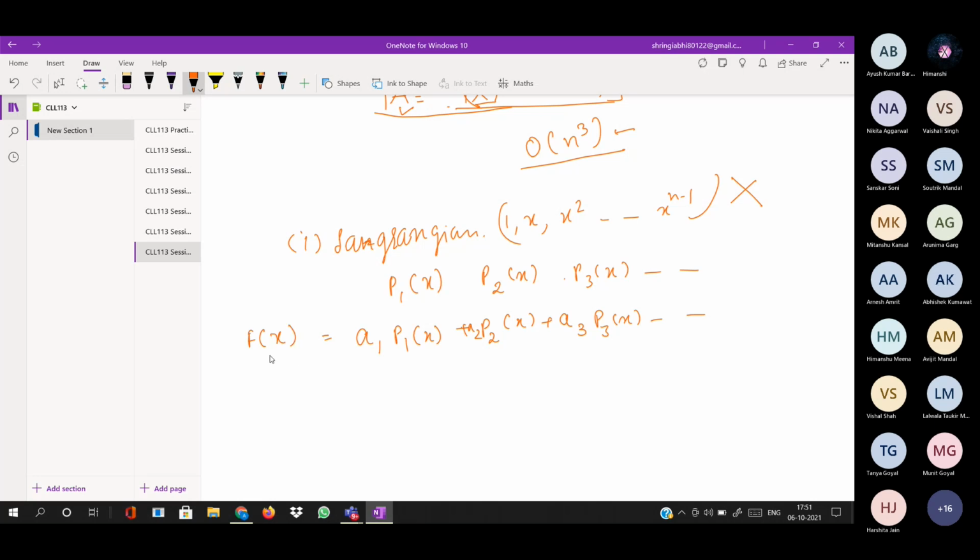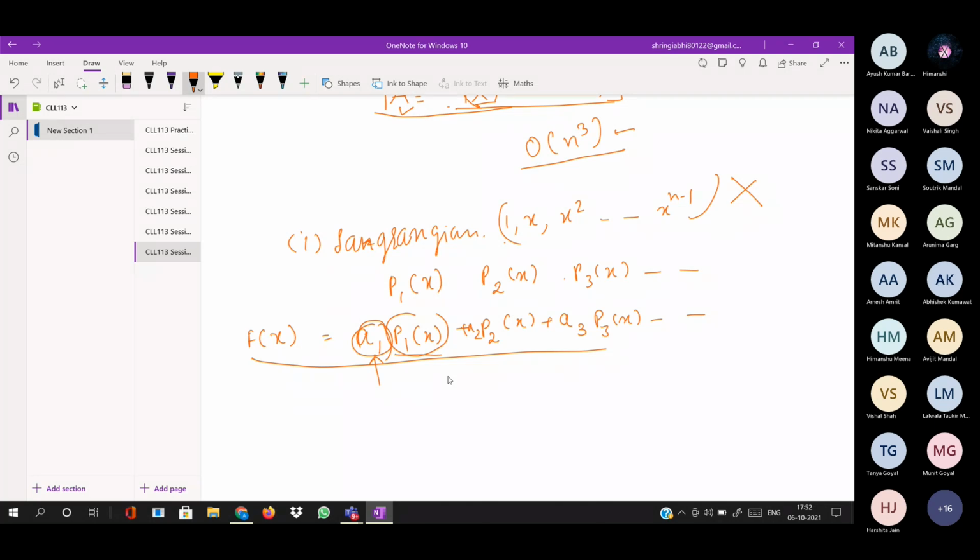F of x can be written like this because all these can eventually be expressed in this form, so the coefficient will take care of what happens in the end. Now we have to very smartly formulate p1, p2, p3 so that our work of finding these coefficients is minimized. What we eventually have to find are these coefficients. These polynomials we can construct in our own way.